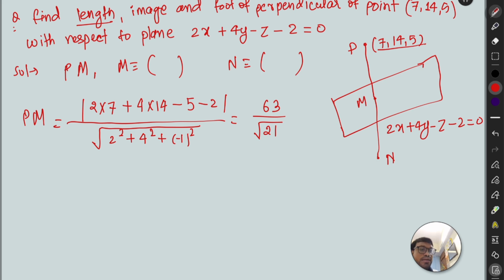If we want to find the foot of perpendicular, say x2, y2, and z2.